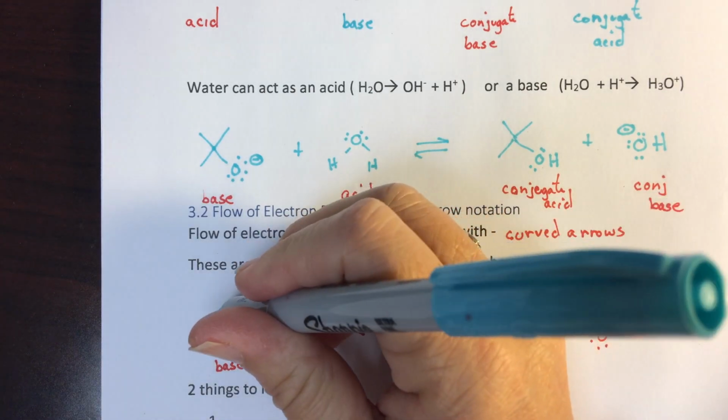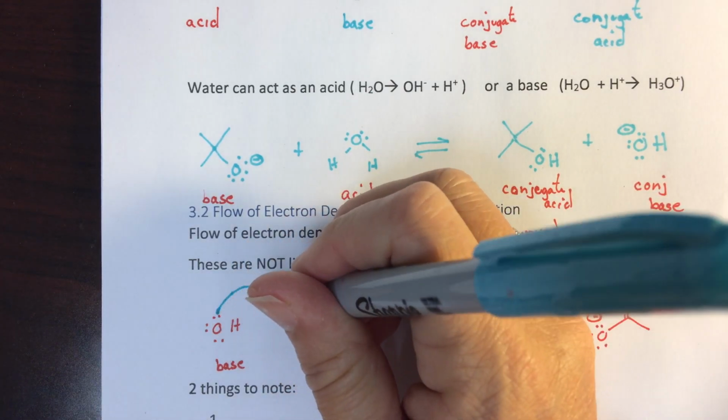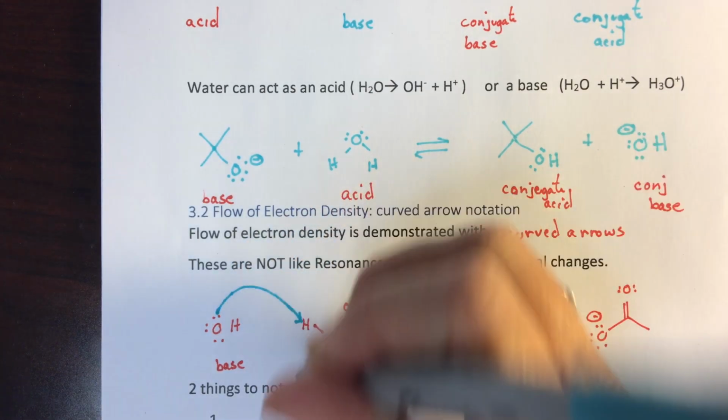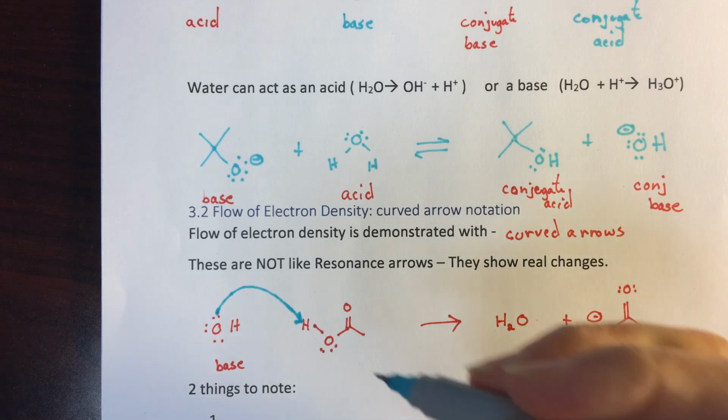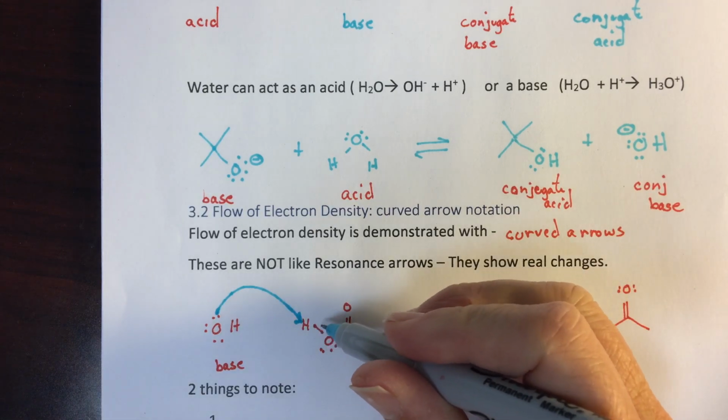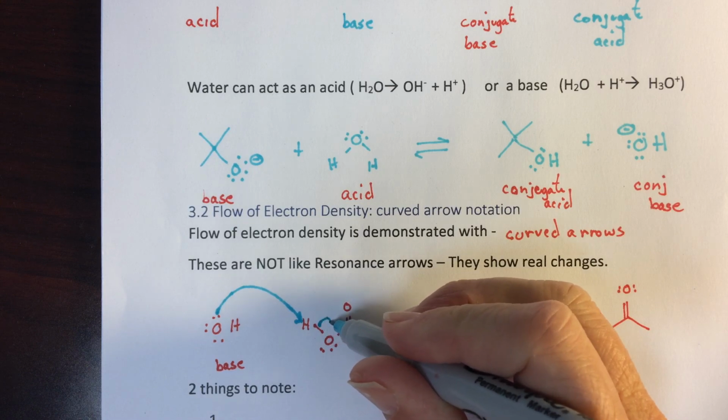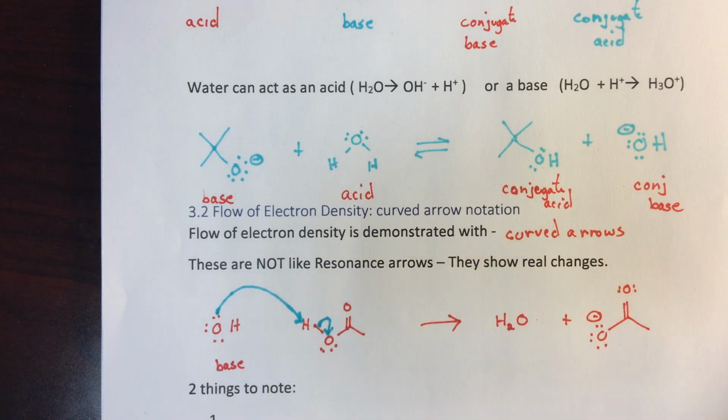So these electrons right here are going to come and they're going to be attracted to that proton because it's got a partial positive charge. It's attached to an oxygen. And the electrons that are in this bond are going to leave the bond and go live on just the oxygen. So we've transferred a proton.